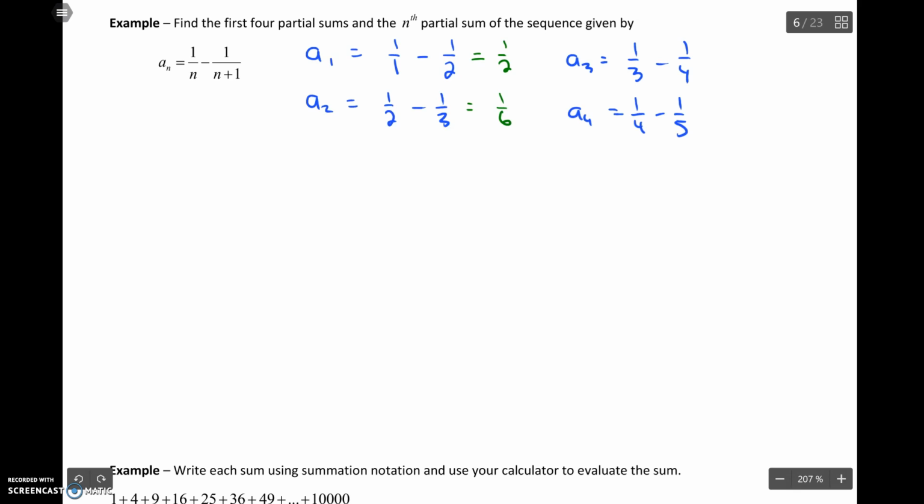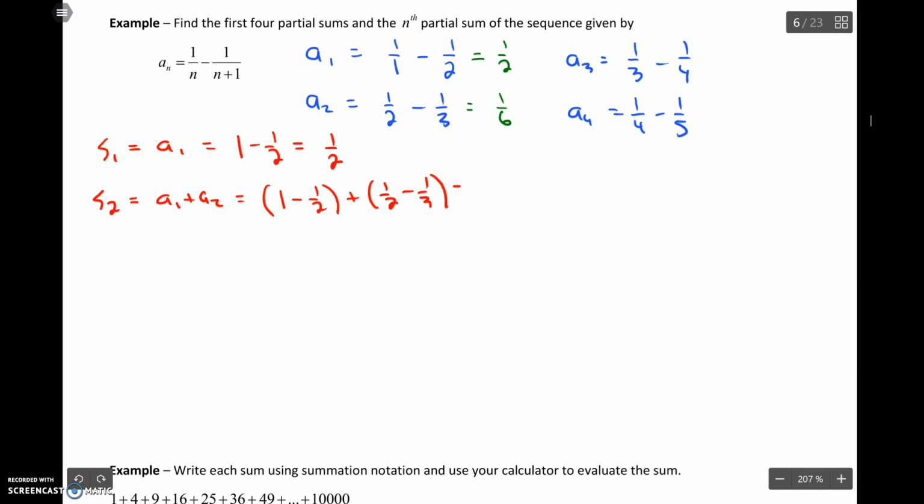All right, so let's find the first partial sum. The first partial sum is just a1. That is 1 minus 1/2. All right, that is 1/2. The second partial sum is a sub 1 plus a sub 2. That is 1 minus 1/2 plus 1/2 minus 1/3.